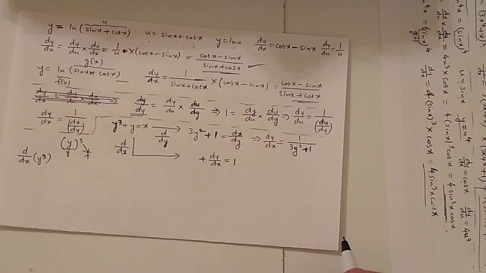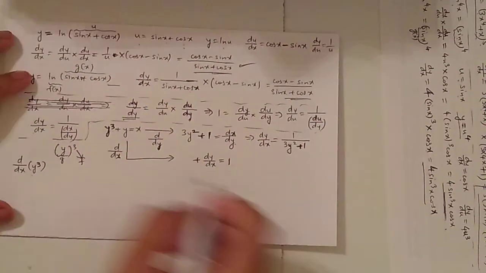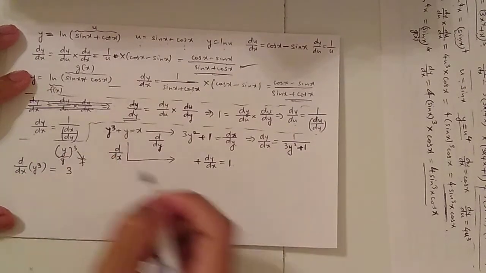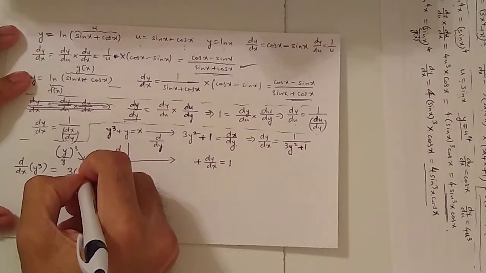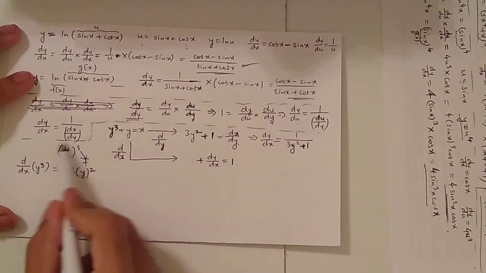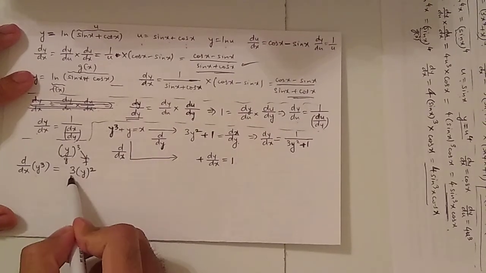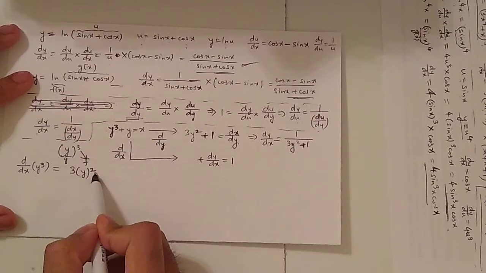So the first step is to leave the inner function as it is and differentiate the outer function. So that is going to be equal to 3 into y square. There is no change made to y. We are differentiating the outer function f, which is cube here.